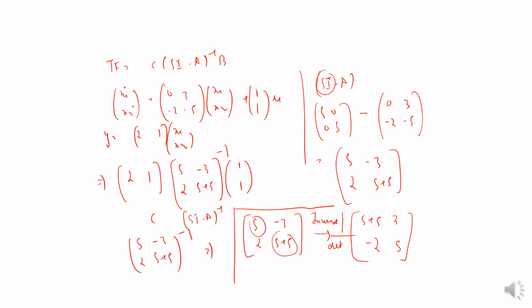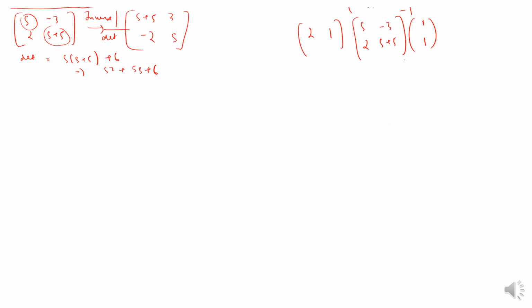The determinant is s into (s plus 5) plus 6, which is s square plus 5s plus 6. Now the inverse is 1 by (s square plus 5s plus 6) into the matrix s plus 5, 3, minus 2, s.